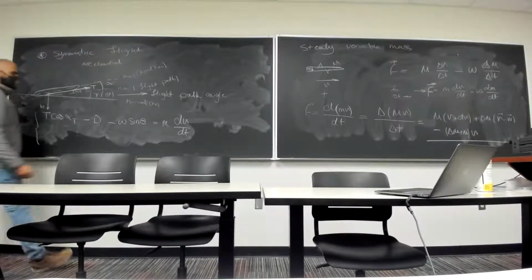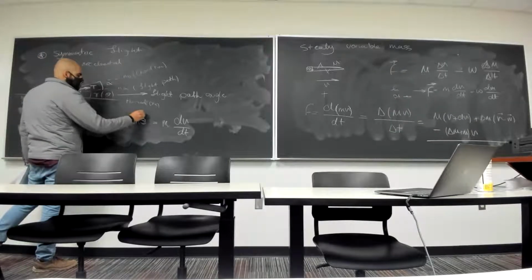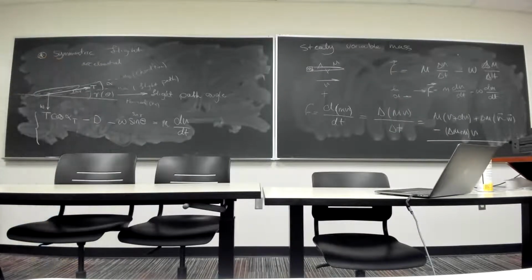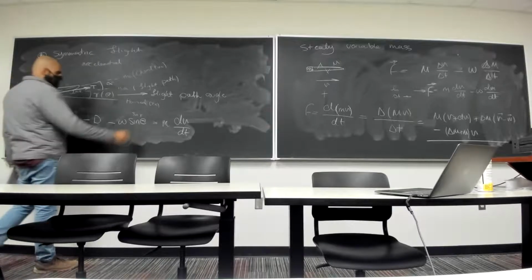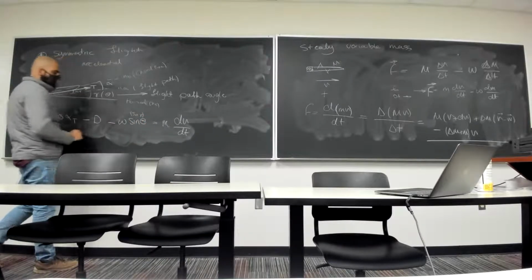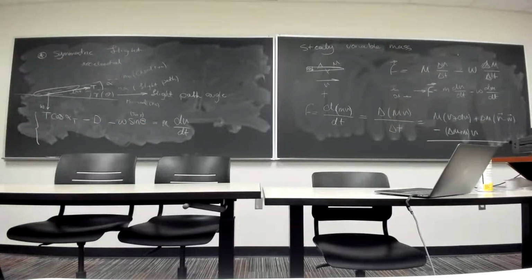Let me actually write sine of gamma on top here just to make sure that these are from our previous notations. It should be sine of gamma. Yeah, mass unchanging, different conditions. We're actually going to go back to the variable mass in the future, but not now.